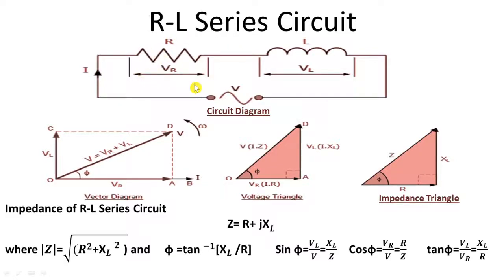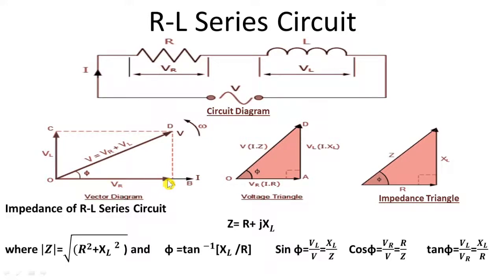Now see, this is the phasor diagram of this RL series circuit. When the current flows through resistor R, VR is in phase with the current. We take the current as the reference, meaning it remains fixed, and it is shown on this axis.